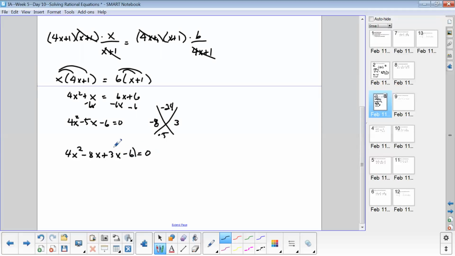And then I'm going to group and factor. So that'll be 4x times x minus 2 plus 3 times x minus 2. So I set these equal to 0. I'm going to get 4x plus 3 is equal to 0, and x minus 2 is equal to 0. So x will be 2, and x will be negative 3/4.